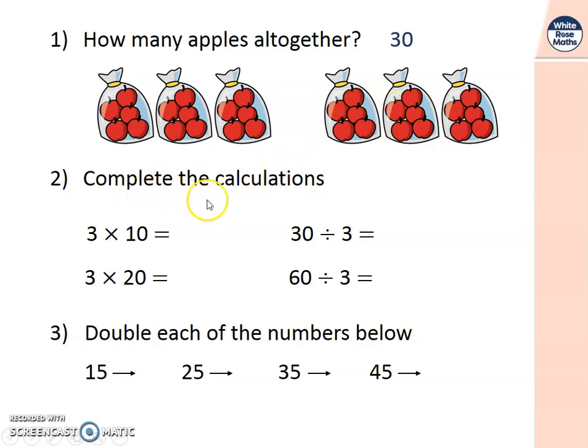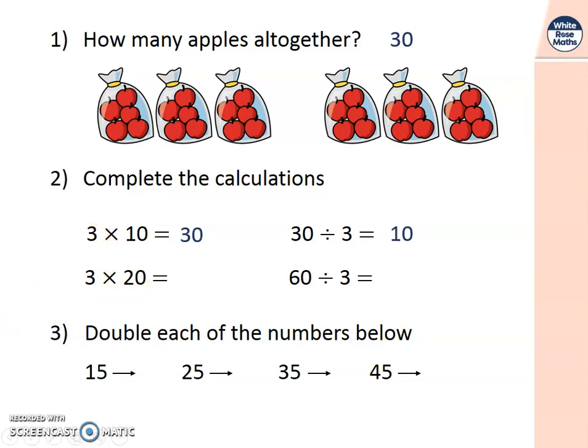Number 2, complete the calculations. What is 3 times 10? That's right, it's 30. What about if we work with this backwards? What is 30 if we divide it equally into 3 groups? That's correct, it's 10. Let's have a look at this one. What is 3 times 2 first of all?